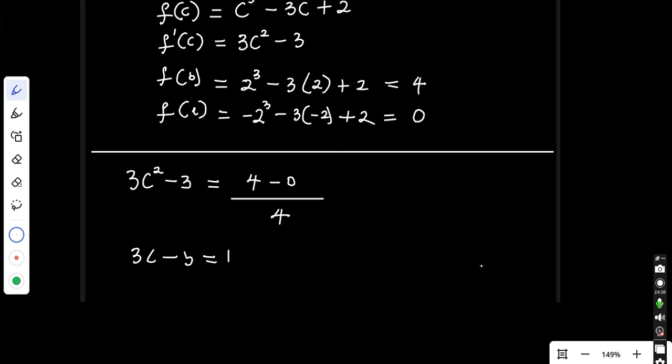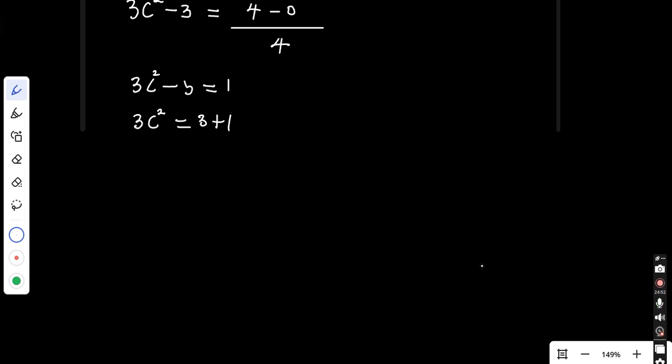So we're going to have that 3c squared is going to be equal to 3 plus 1, because we can add 3 to both sides. So therefore, 3c squared is equal to 4.